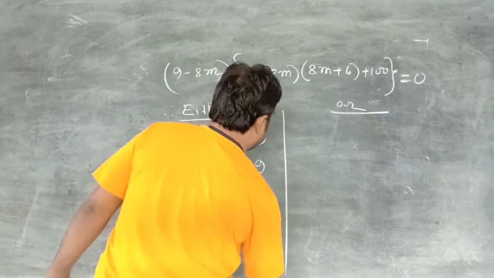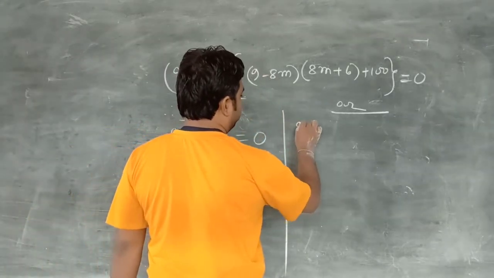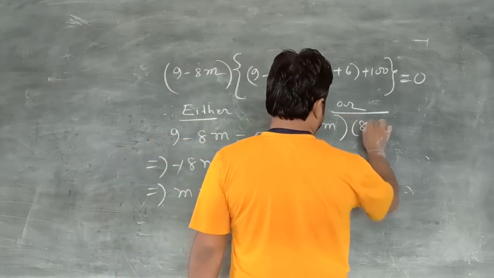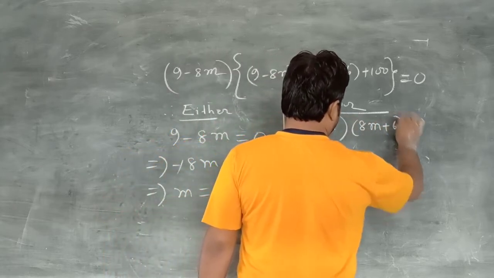Again, this part 9 minus 8m into 8m plus 6 plus 100 equal to 0.